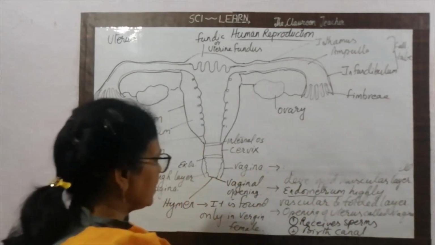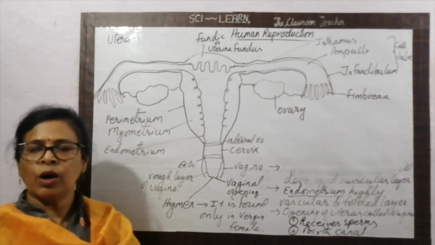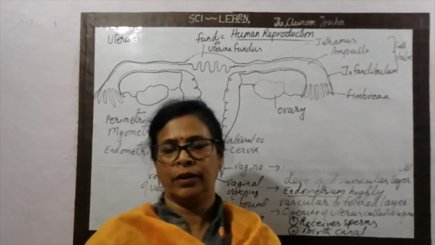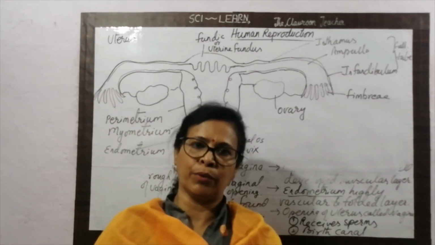Okay, the cervix, then the vagina, the vaginal opening, all these are parts of the female reproductive organ. So this is about the female reproductive organ.